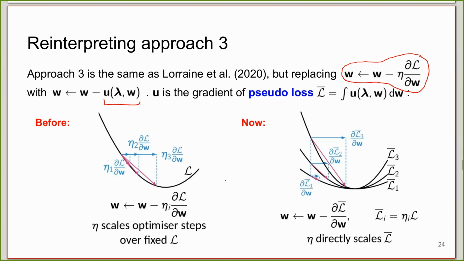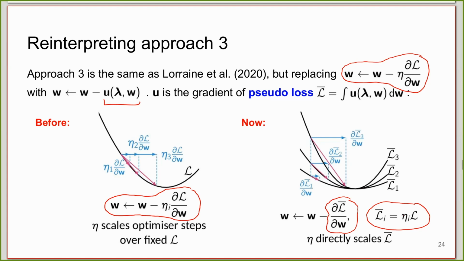So if you don't consider the approach where you have a learning rate that scales the optimizer step, in our case you work with a kind of pseudo loss, which is your update function, and the learning rate scales your pseudo loss. So you're always taking a step of size 1, but you're now scaling your pseudo loss.